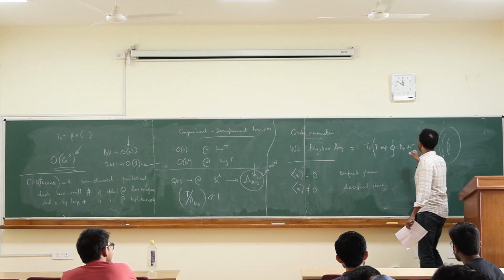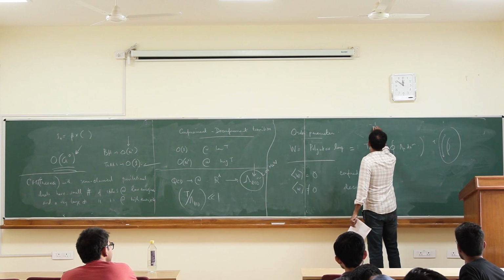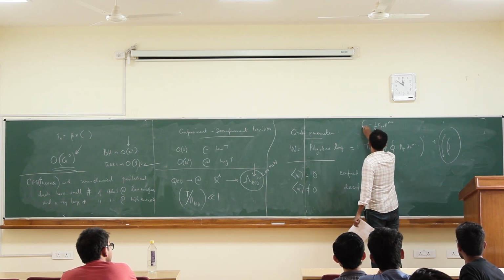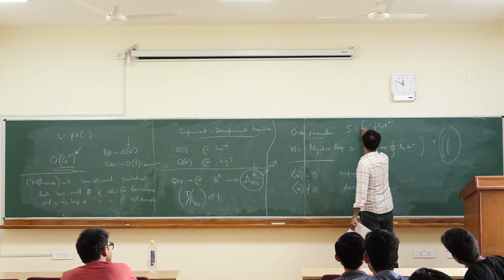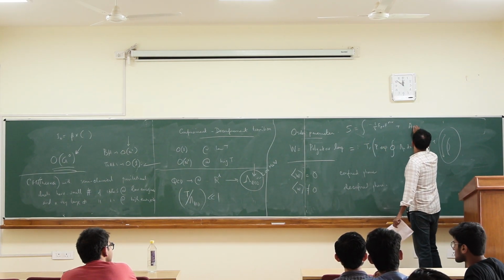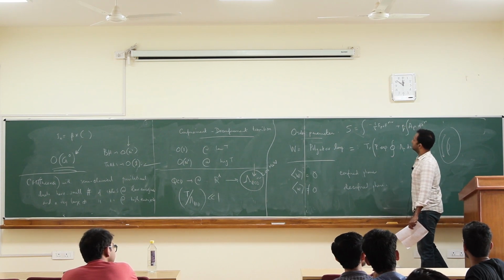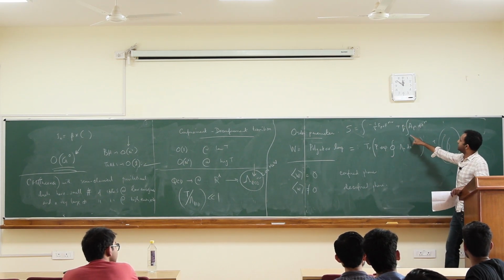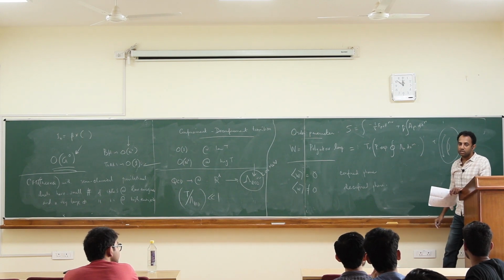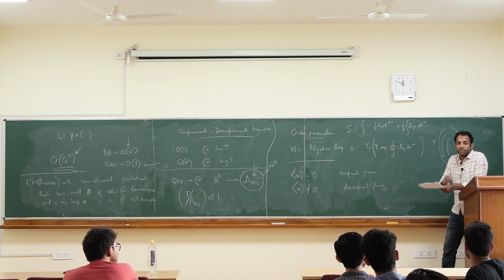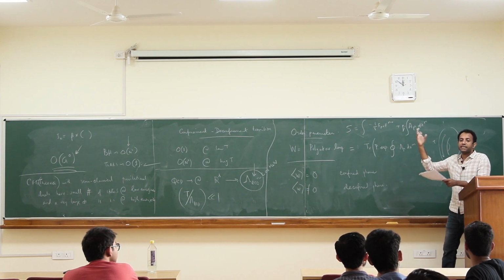For instance, yesterday in his lectures, he wrote down actions of this form. This is essentially the statement that the charge will couple to a Wilson line, because that's essentially what a point charge is. It's coupled to a world line and you're integrating over it.